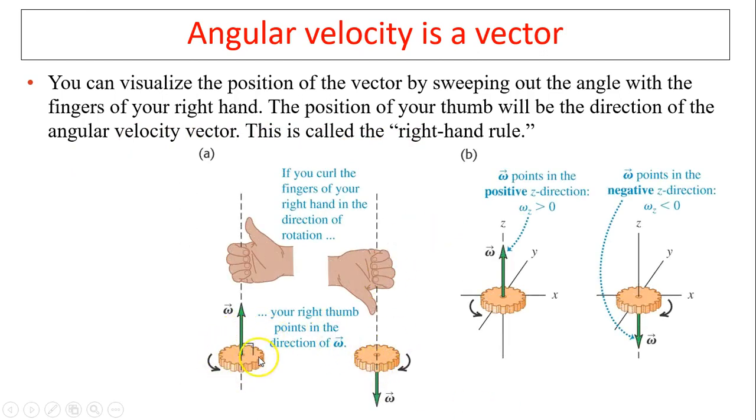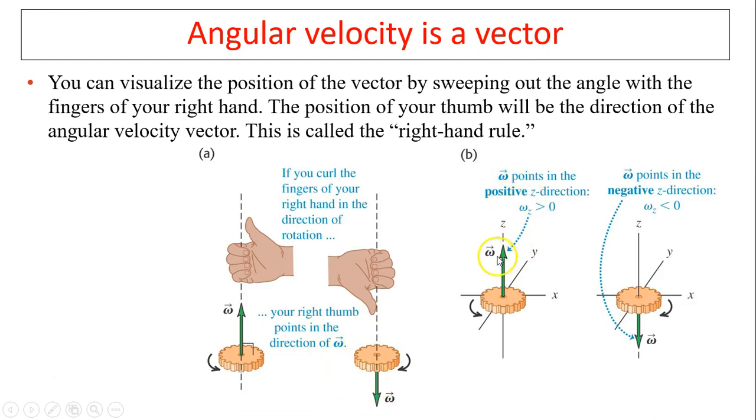If you are going counterclockwise, your thumb will be pointing upward. And hence this up is defined as positive because counterclockwise is positive. Your thumb direction of omega is upward. Now, if the object is rotating clockwise, your thumb would be downward.